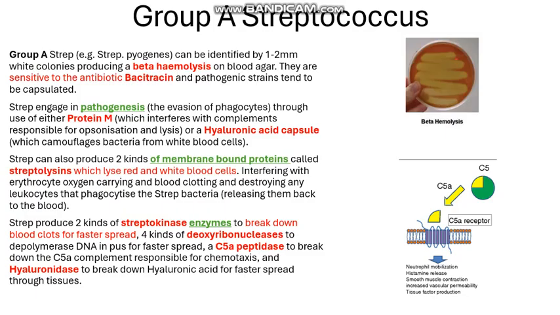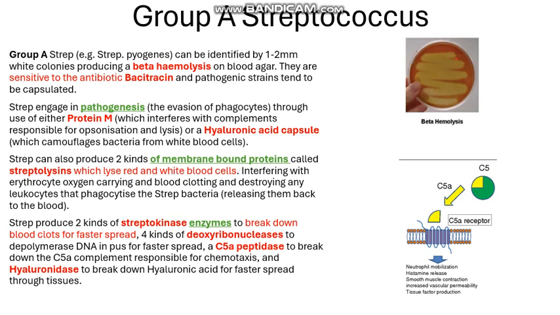So strep produce two kinds of streptokinase enzymes to break down blood clots for faster spread. They produce 4 kinds of deoxyribonucleases to break down and depolymerize DNA for faster spread.